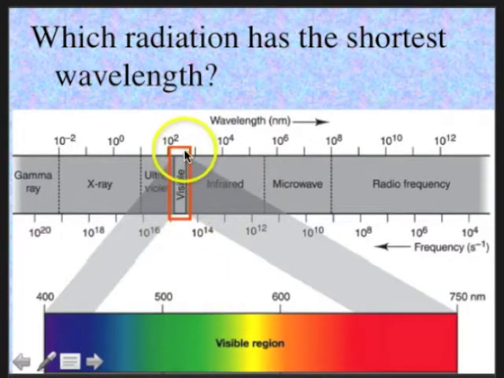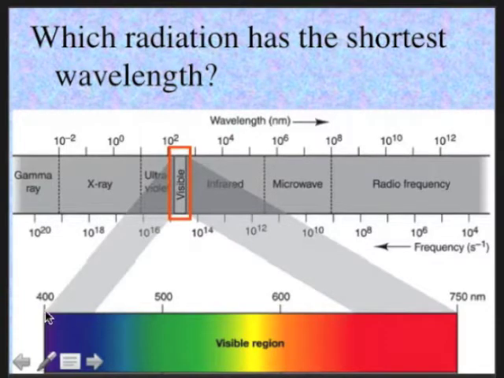So this very narrow part of the electromagnetic spectrum, with wavelengths ranging from 400 nanometers, a very purple light, to 750 nanometers, a very red light, these wavelengths represent what our eyes can see.